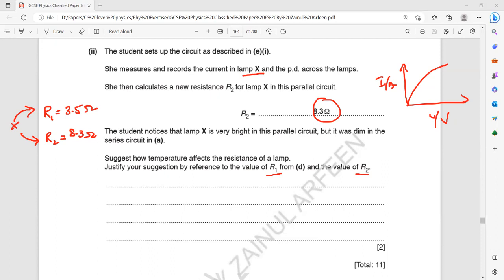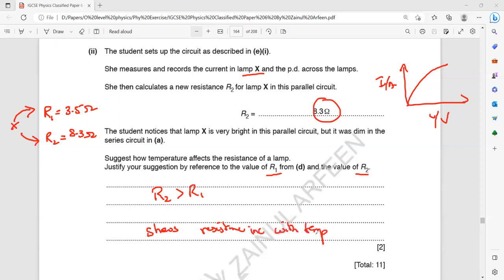So what we can say, when it was first, R2 is more than R1, it means the resistance has increased with temperature. So from this value we will say, as R2 is more than R1, it shows resistance increases with temperature.